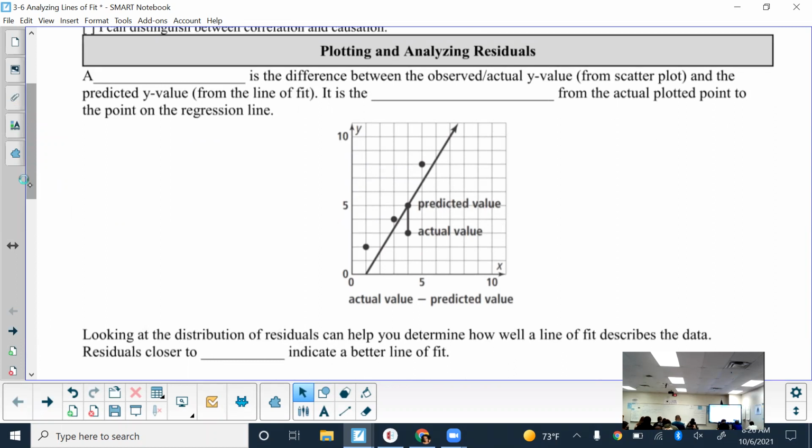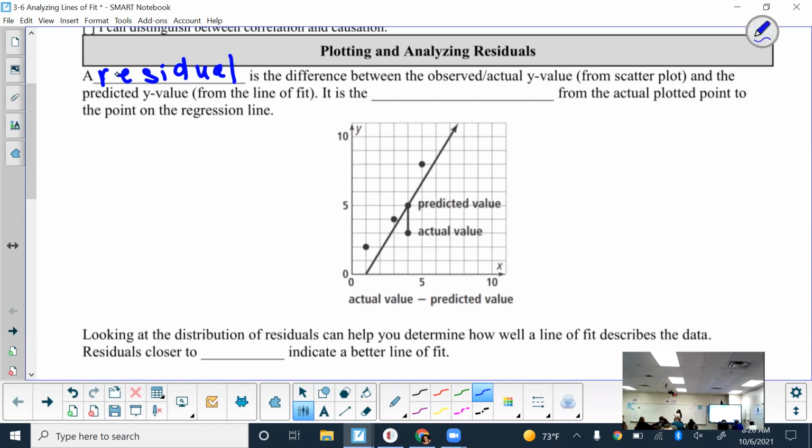All right, so the first new thing that you're going to learn today is a residual. A residual is the difference between your observed Y value, or your actual Y value, and the predicted Y value.